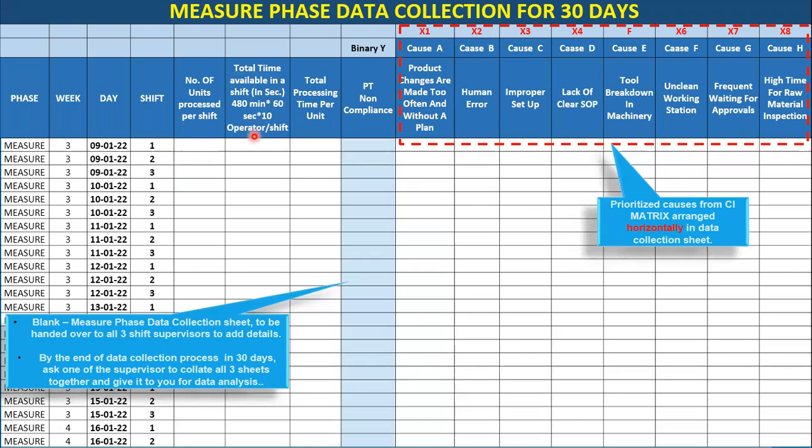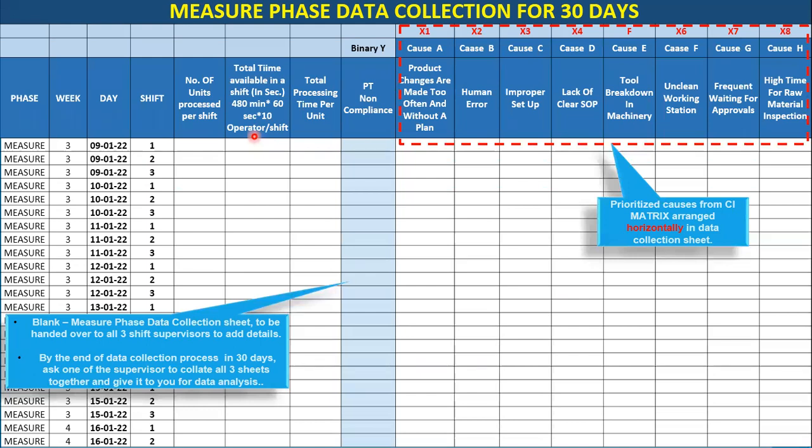If you remember, in the previous video we mentioned that we have 480 minutes. So how many seconds? 480 into 60 seconds, so it goes to 28,800 seconds in a shift. However, that is for one individual.